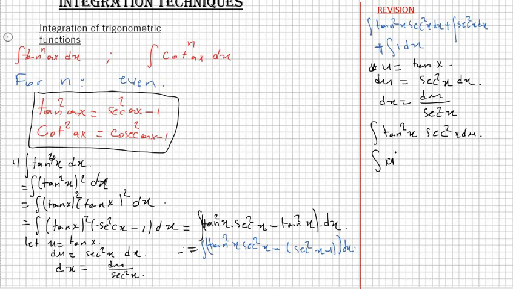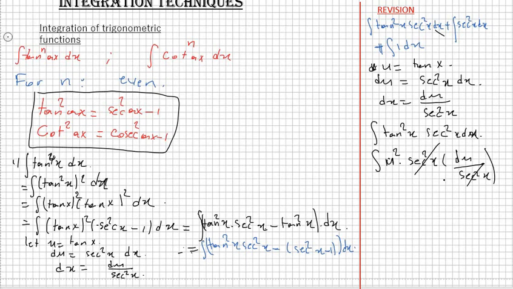So I'm gonna have tan u to the power of 2. And then here I have sec square x. So this is dx. The value of dx is du over sec square x.